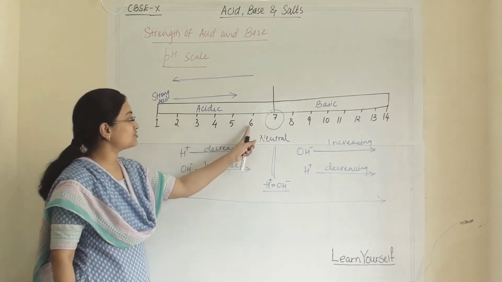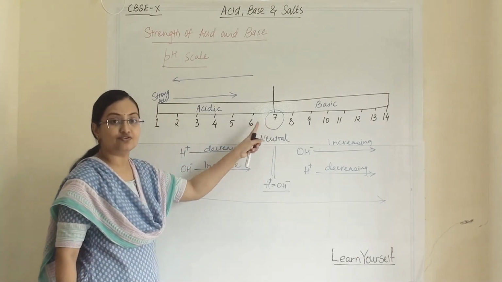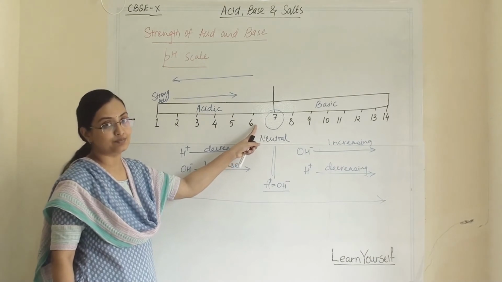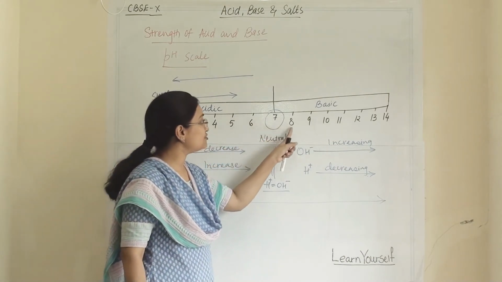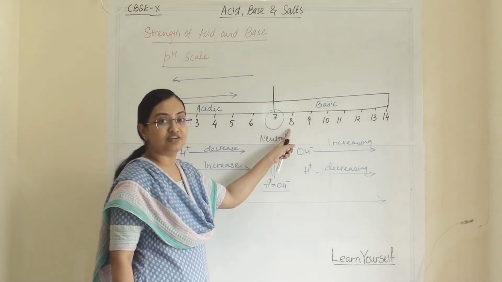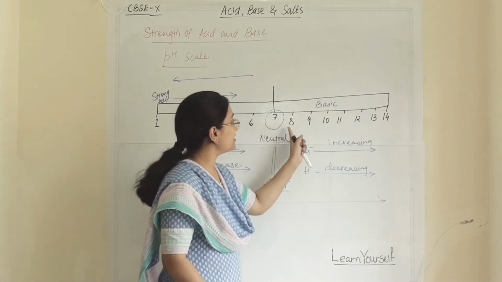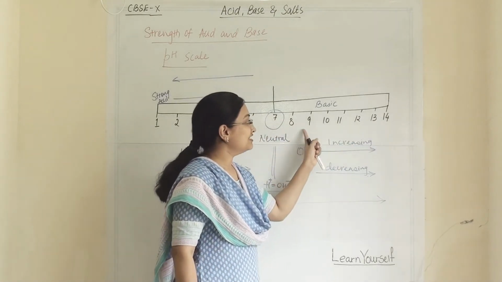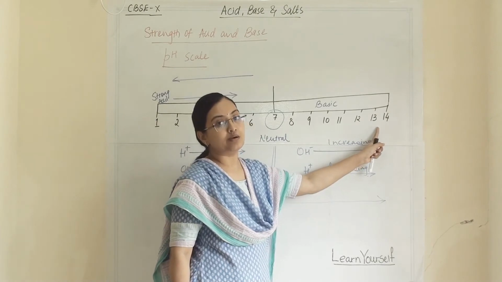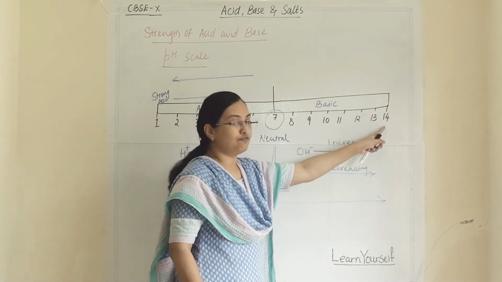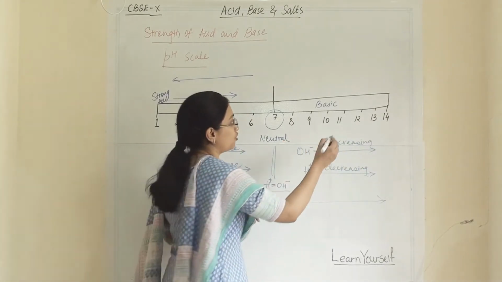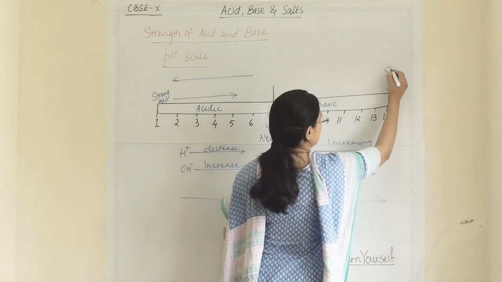So at 6, or between 6 and 7, you can say this is a weak acid. And between 7 and 8, you can say this is a weak base. As you go from 8 to 14, the basic character becomes strong. And at 14, that is a strong base.